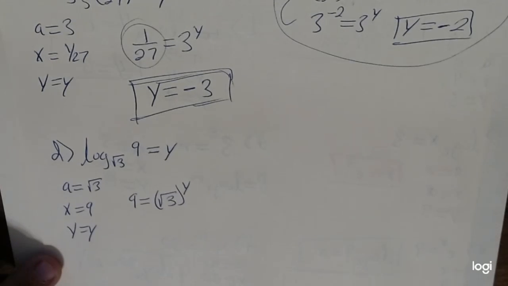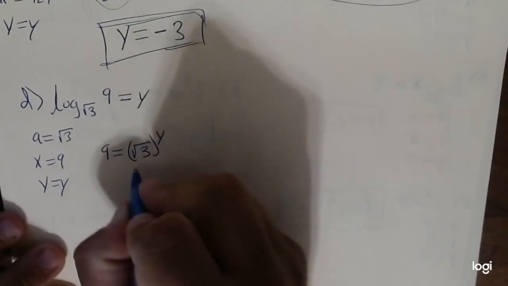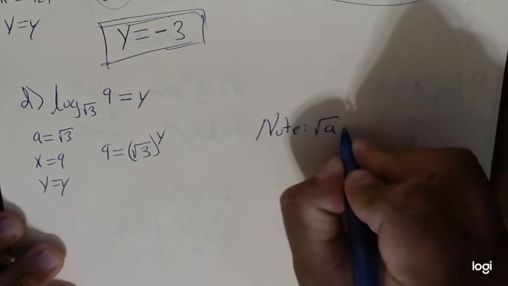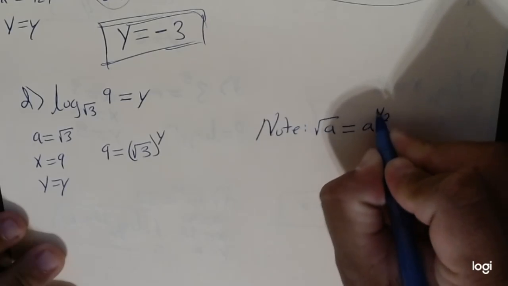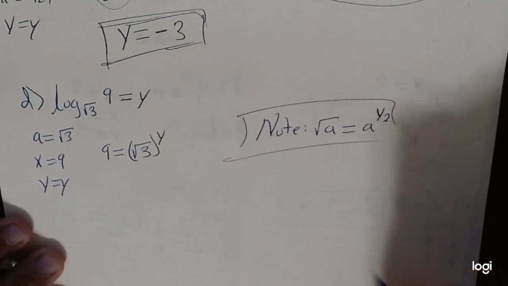Well, this is an interesting question. Let's do the same thing we did up here, because we want to solve for the y value itself. A quick note as well: I can literally rewrite a radical in its exponential form as a to the 1/2 power. That's a quick little note if you remember from radicals.